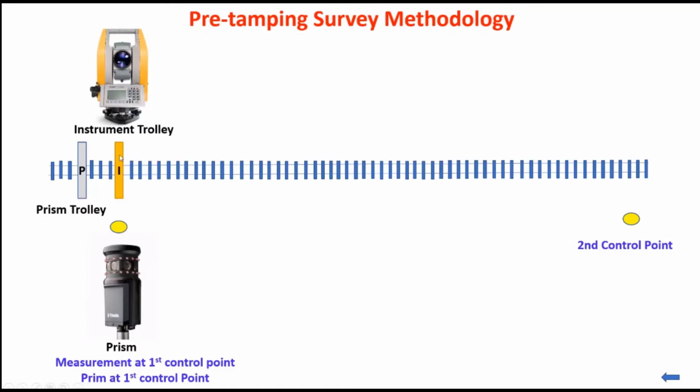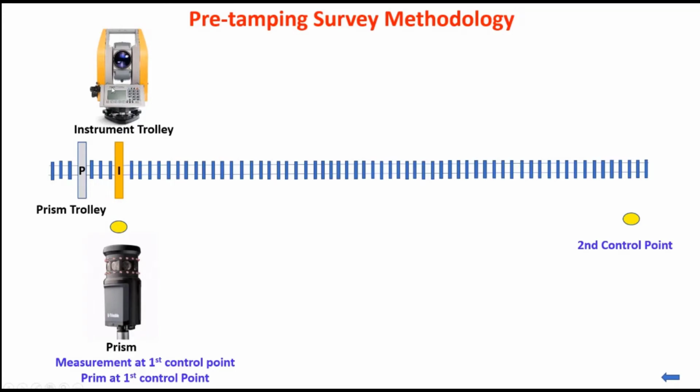So the instrument trolley is first placed on the track opposite the control point, and the prism is kept. This is not the prism trolley. A separate prism is kept at the control point.